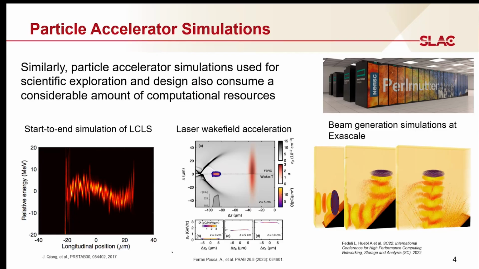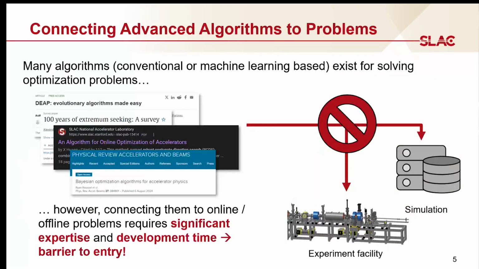We would like to reduce the computational expense of running these simulations when we're performing optimization. Here are some examples: start-to-end simulations of the accelerator facility that I was just talking about, something called laser wakefield acceleration, and also beam generation from hybrid gas-solid materials.